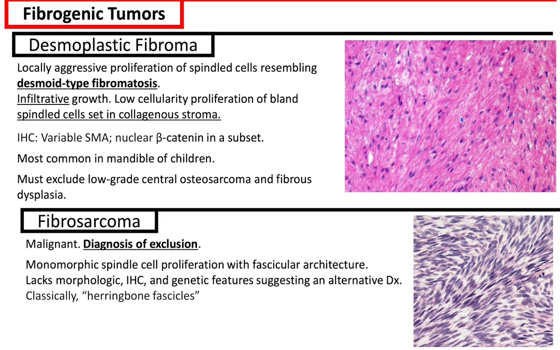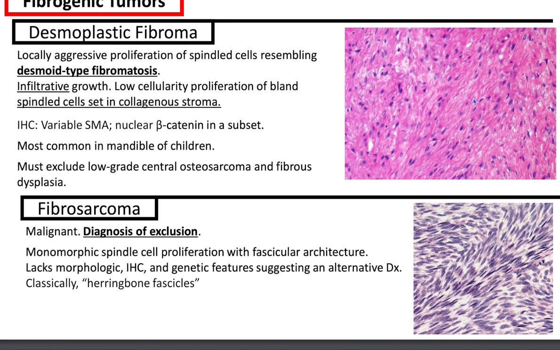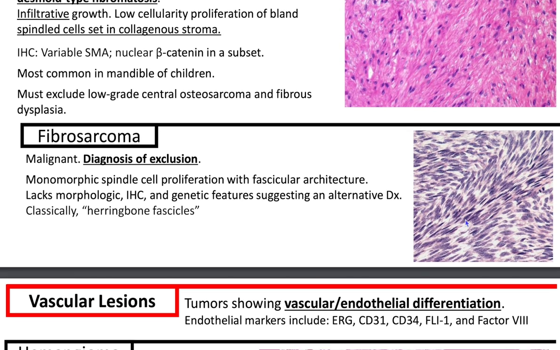And you have to exclude low-grade central osteosarcoma and fibrous dysplasia. A fibrosarcoma is malignant. It's a diagnosis of exclusion. You'll have monomorphic spindle cell proliferation with fascicular architecture. It lacks morphologic, IHC, and genetic features suggestive of an alternative diagnosis. And it's got the herringbone pattern.